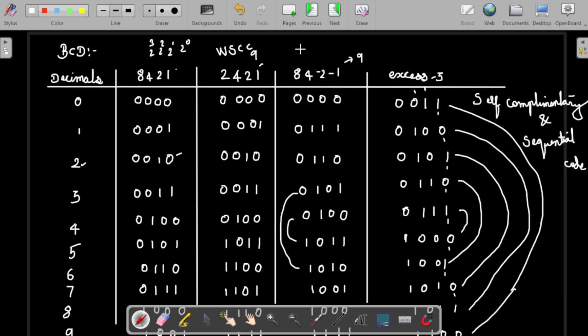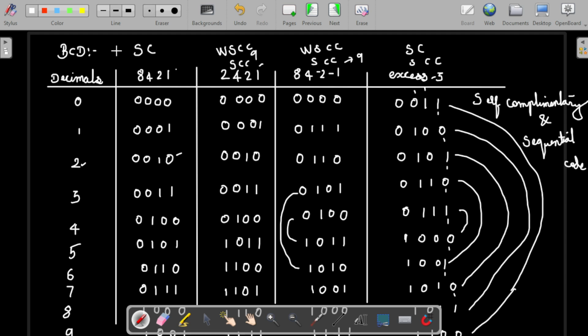This one is also a weighted self-complementary code. Excess-3 was not. This is a sequential code. This is also a sequential code, because if we add 1 to the previous code, we can derive the next one from that. So we can call this a sequential code. This one is not a self-complementary code, but this is a self-complementary code. So SCC, SCC, and SCC.